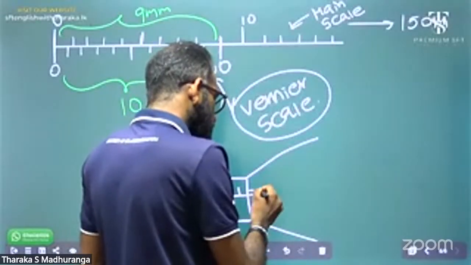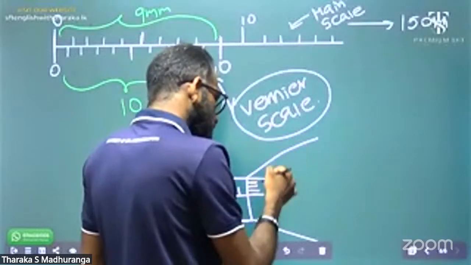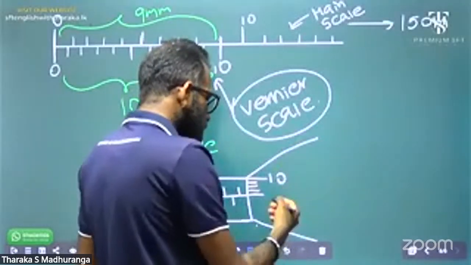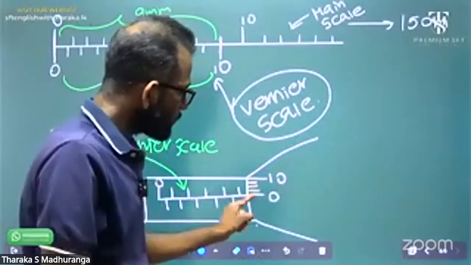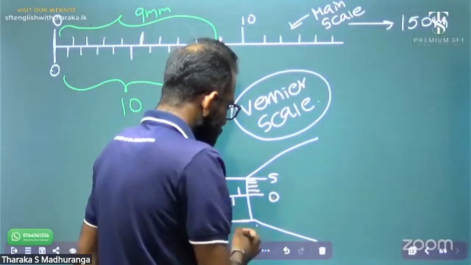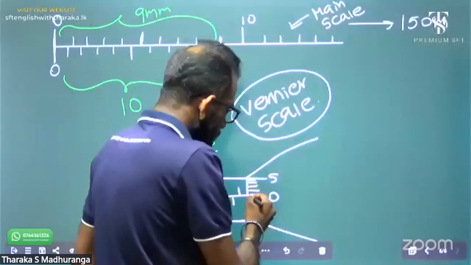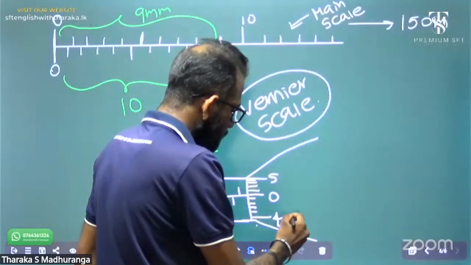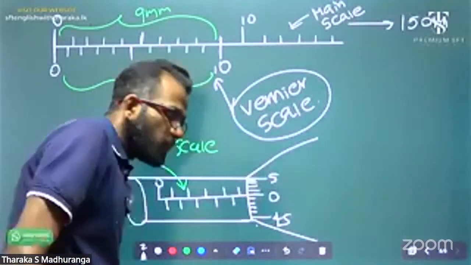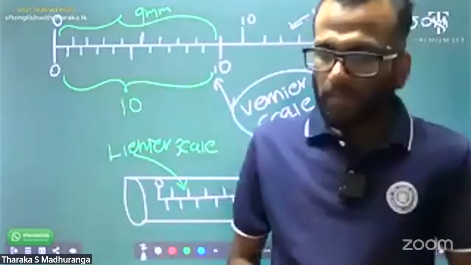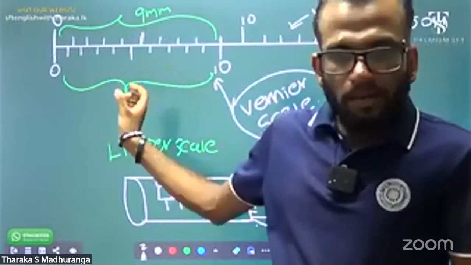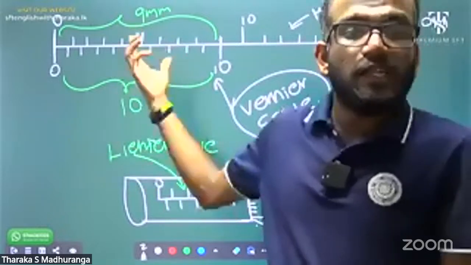That's the main difference. I will explain again one by one. Please understand the difference between the vernier caliper and the micrometer screw gauge. In the vernier caliper, some amount of parts on the main scale are divided into identical parts using another linear scale.